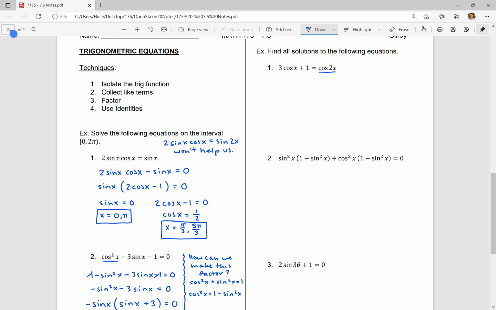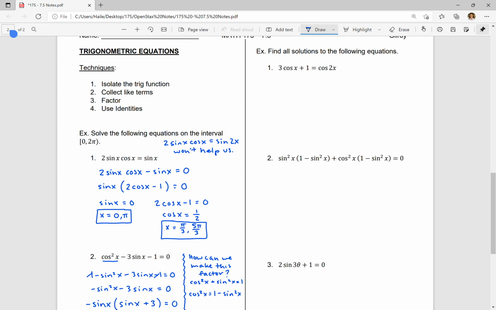We've got this cosine of 2x showing up, and we know that that's not really going to help us because we won't be able to factor anything if our two cosine functions have different angles. So we want to find some way to substitute that cosine of 2x.